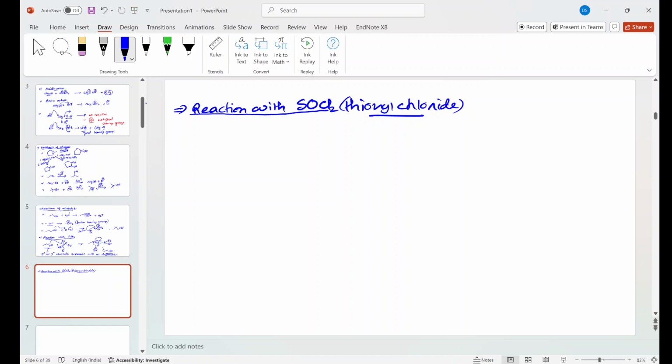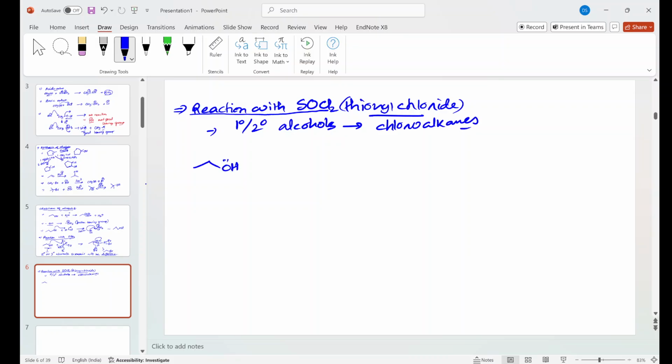So generally you can convert 1 degree or 2 degree alcohol to its corresponding chloroalkane through this reaction. So how will it proceed?